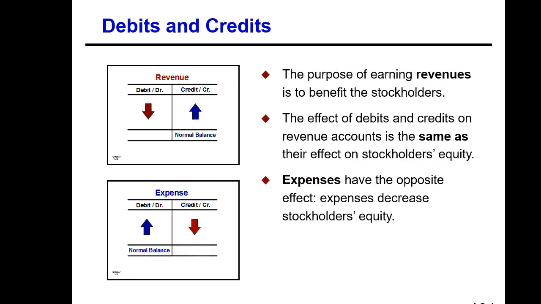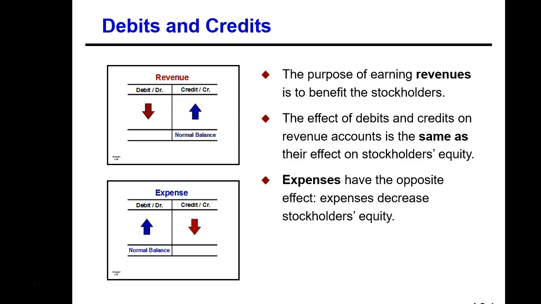Then we have revenues and expenses, which also impact stockholders' equity. When you think about revenue, think about the relationship. How does revenue impact stockholders' equity? Well, an increase in revenue will increase your stockholders' equity.